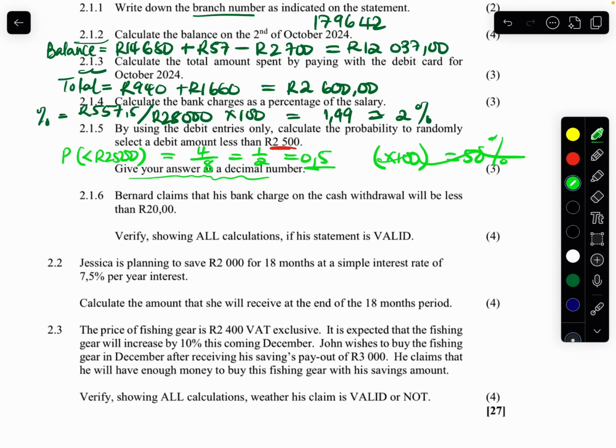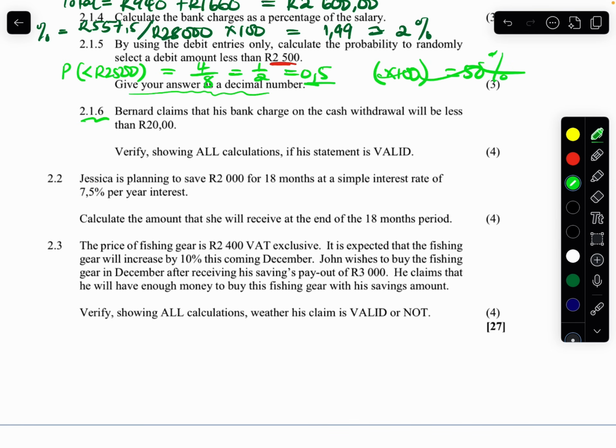They wanted this. 2.1.6. It says Bernard claims that his bank charges on cash withdrawal will be less than 20 rand. It says verify, showing all the calculation, if his statement is valid. So we're going to check how much Bernard withdrew and where.